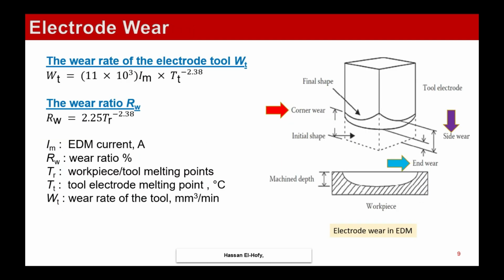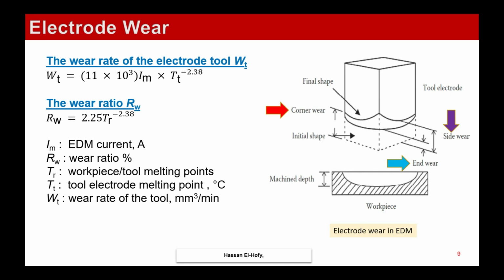Due to the occurrence of sparking, material is removed from the workpiece, and at the same time, a smaller amount of material is removed from the electrode tool. Therefore, there is electrode wear occurring during EDM. The wear rate of the EDM electrode can be calculated by this equation.